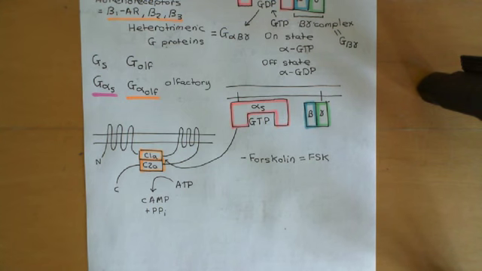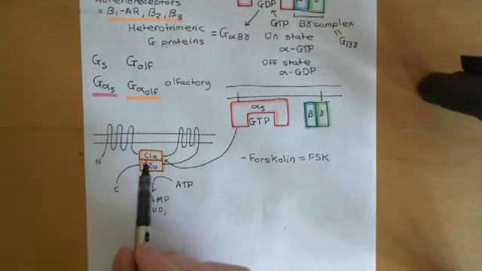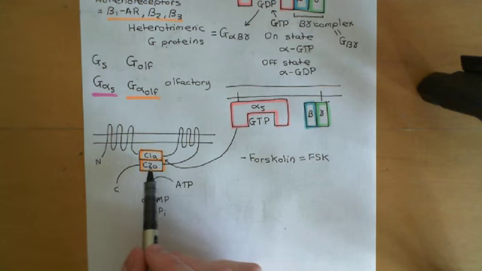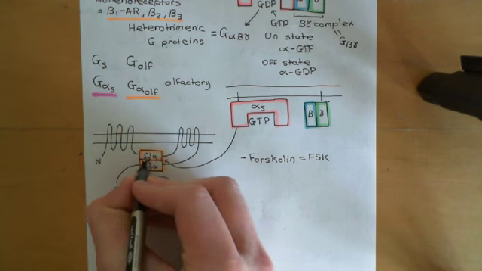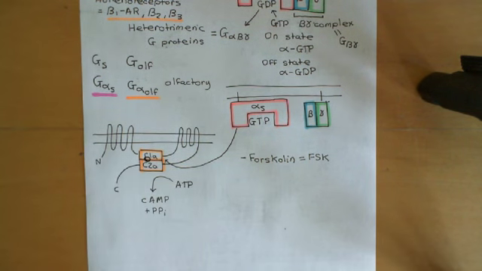Basically, it binds right at the interface of C1a and C2a, and again seems to cause a conformational change that activates the C1a C2a dimer, causing it to assemble into a conformation where it's capable of catalyzing the conversion of ATP into cyclic AMP and pyrophosphate. In the other view, where the C1a and C2a domains are not pre-dimerized, forskolin is believed to again promote the dimerization of C1a and C2a.